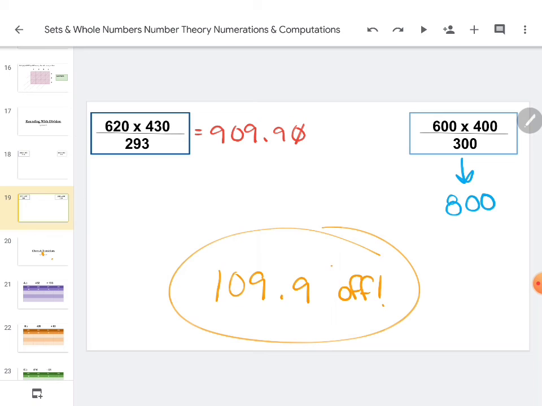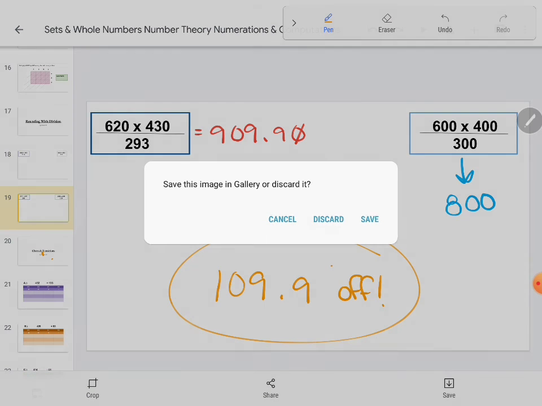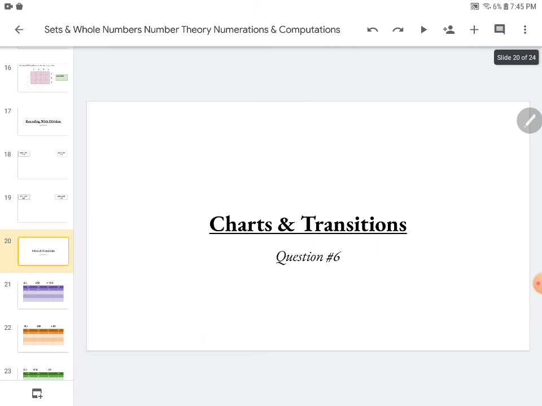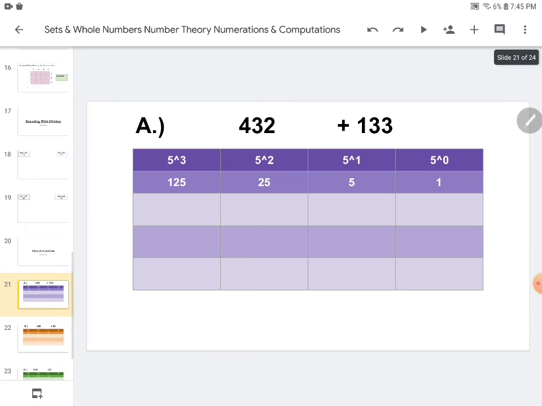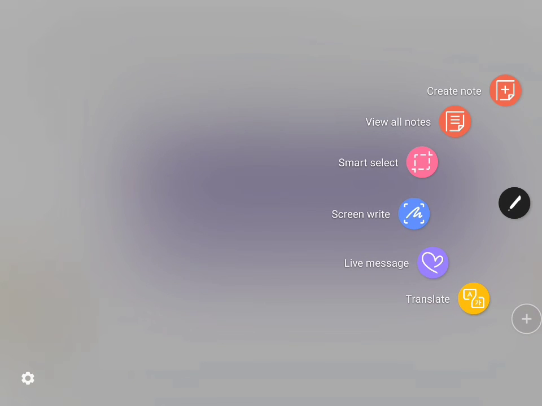All right, for our next section, we're going to talk about charts and transitions. For question number 6, we're going to start out with A, and we are going to have 432 plus 133. Now this chart looks a little bit scary.